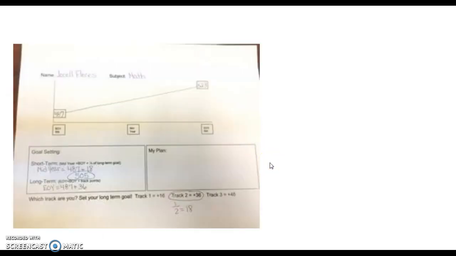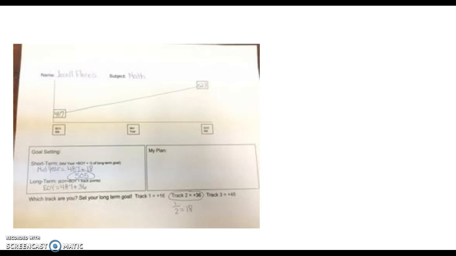So now what she's going to do is create a short-term goal for herself, meaning where should she be by mid-year on this January assessment that we're going to do to make sure that she's on track to make that amount of growth. So in order to do that, she's looking at her starting point of 487. And now she took that 36 and just cut it in half because we're in the middle of the year.